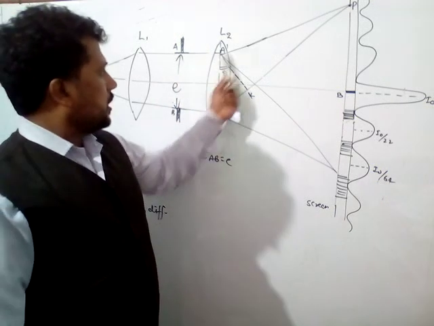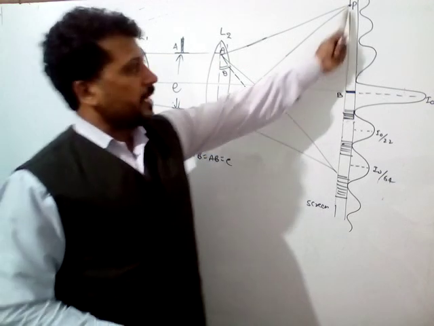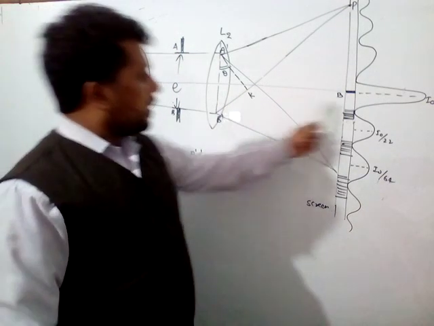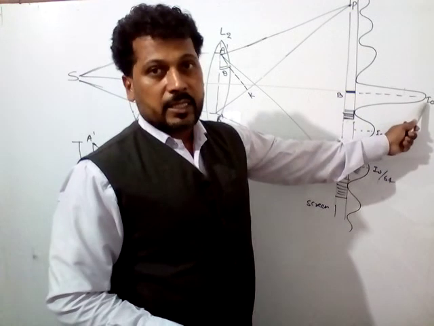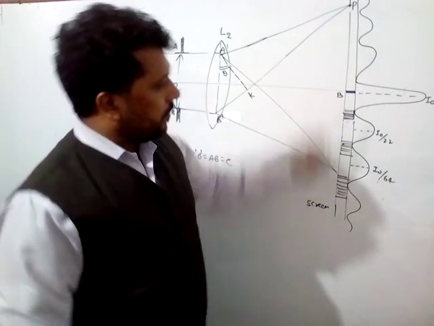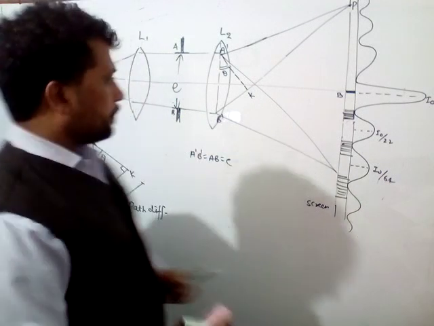These parallel waves fall on A dash B dash, and after that it is diffracted and forms a fringe at point P. So it is the central bright fringe where intensity is I naught, the maximum intensity, and after that, upward and downward, intensity decreases continuously.